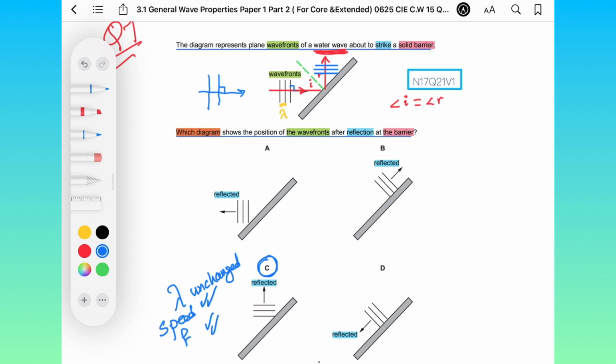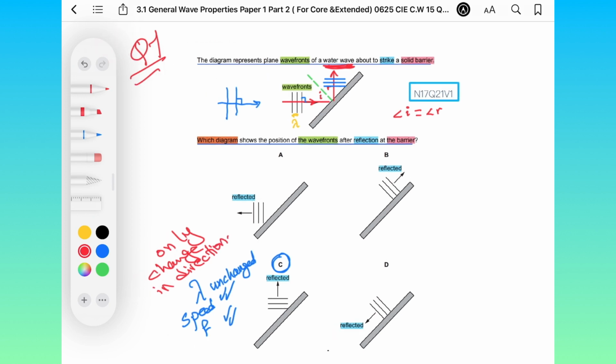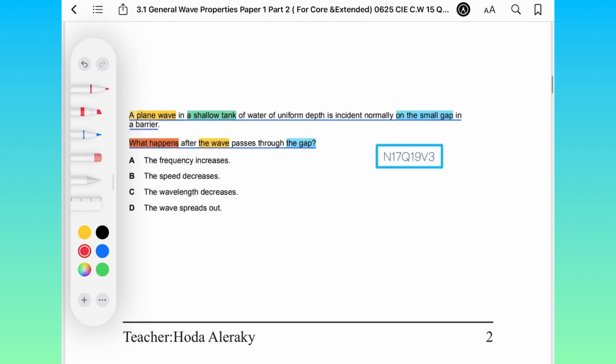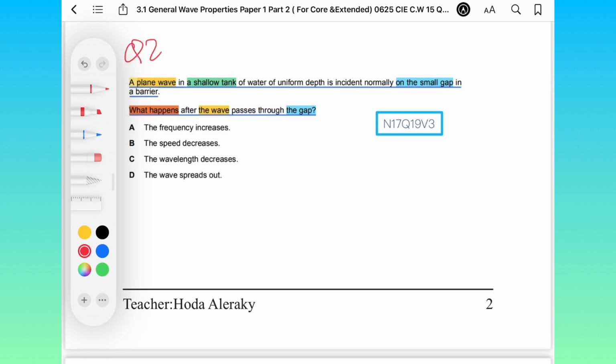The only change you have here is the direction of the reflected water wave. So during reflection of water waves, you will find only change in direction according to the law of reflection. Is it clear, guys? Okay, so back to our questions.